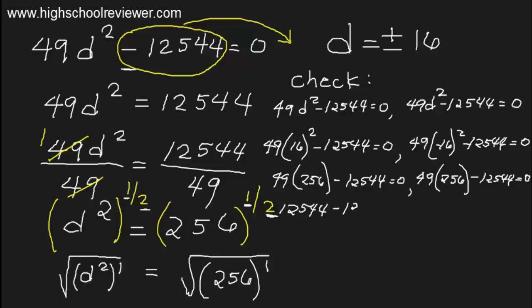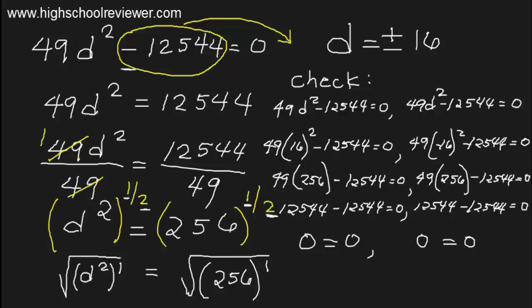So minus 12,544 equals 0. So this is 0 equals 0. So therefore, our values for x, which are positive 16 and negative 16, are correct. Solving quadratic equation by extracting square roots.